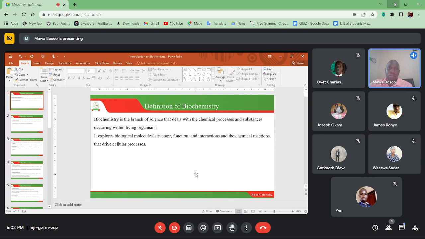In our bodies we have molecules, and we look at the structure, the function, and the way these molecules interact with one another. We look at the chemical reactions that are involved, what enzymes are involved, and what the conditions are for these biochemical reactions to take place.